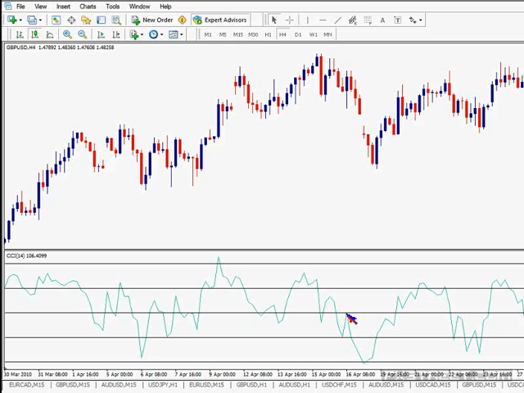This kind of pattern is very common, and it's a confirmation of continuation. It's a confirmation that the pair would probably extend the move to the downside. So keep an eye on those pullbacks to the zero line.